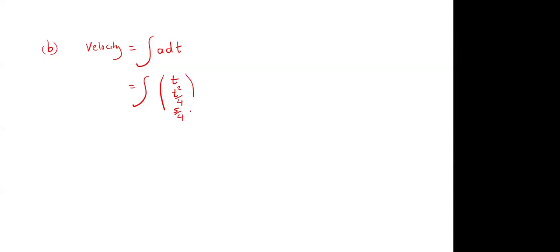Now, when you look at this component of ours, we are going to write it in a horizontal way or in a vector form. Now, in the vector form, we can write this as ti plus t squared out of 4j, then plus 5 out of 4k. And this one is our dt. So we have transformed from this vertical format, the way it was given, into the horizontal format.